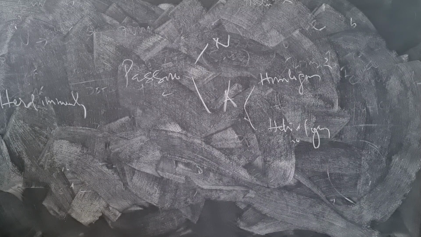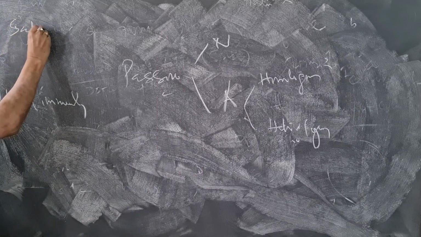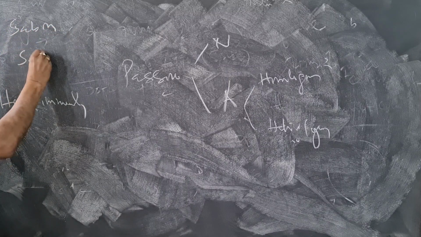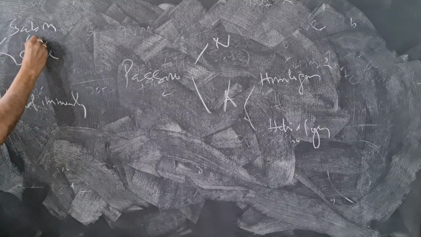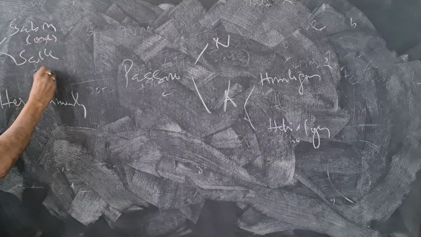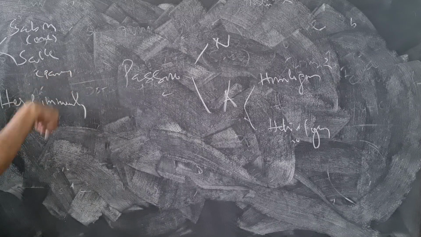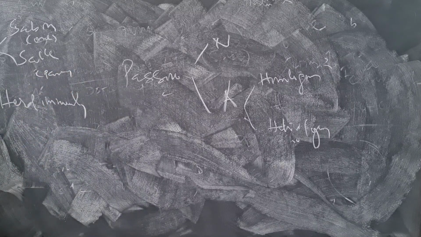There are at least half a dozen vaccines, such as the pentavalent vaccine and the oral polio vaccine. The oral one is called Sabin, and the parenteral, intramuscular one is called Salk.